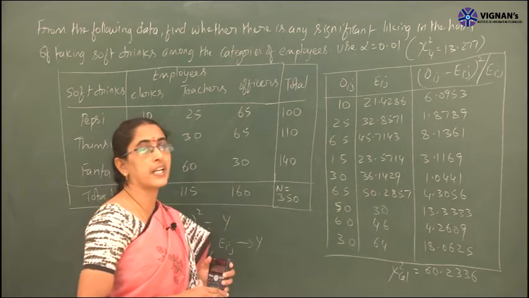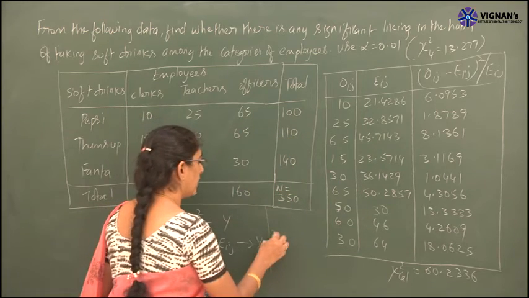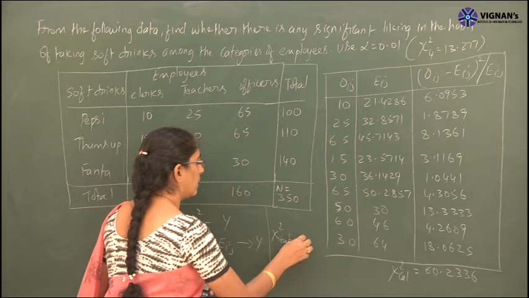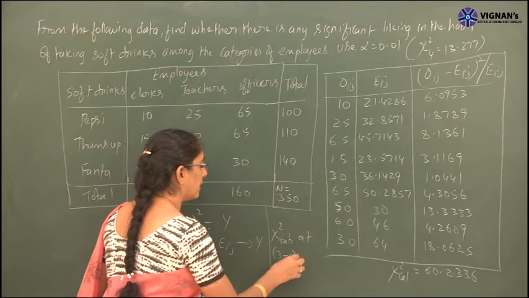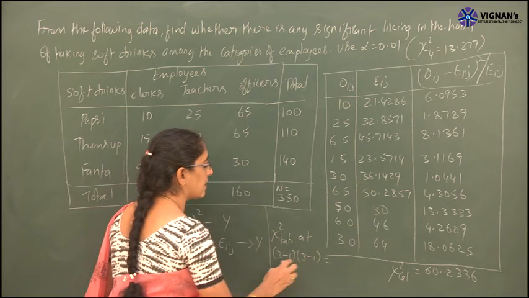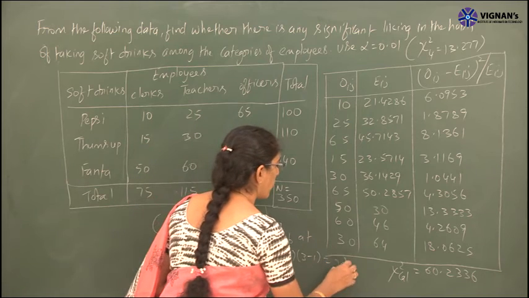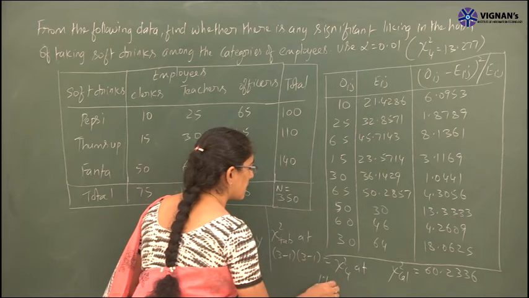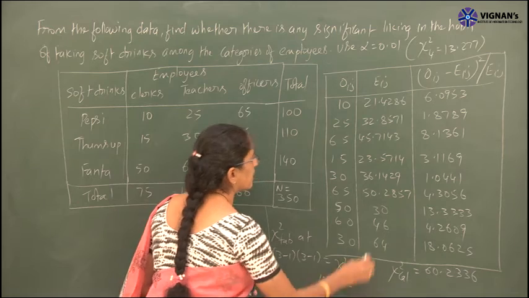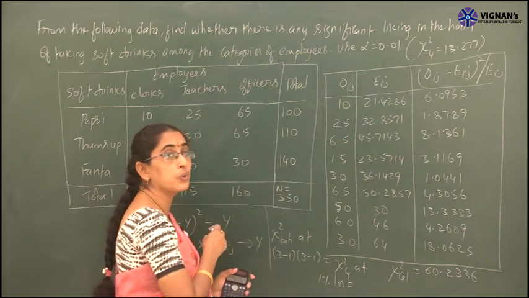Now we have to obtain the chi-square tabulated at (3 minus 1) into (3 minus 1) is equal to here 2 into 2 is 4. So chi-square with 4 degrees of freedom at 1% level of significance is equal to here 13.277.